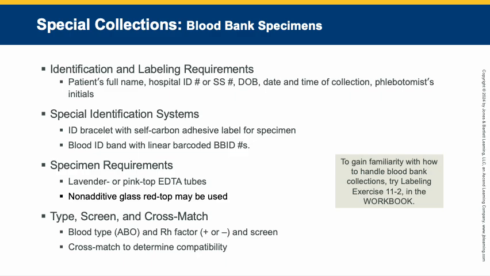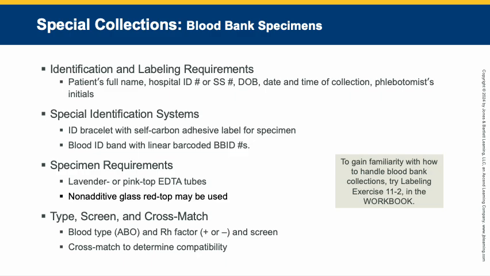Then they can again check the patient ID with that little sticker, with that same number that was actually matched up in the lab with that patient sample. So all of these are just checks and double checks to make sure that there's not going to be the wrong blood product given to that patient.